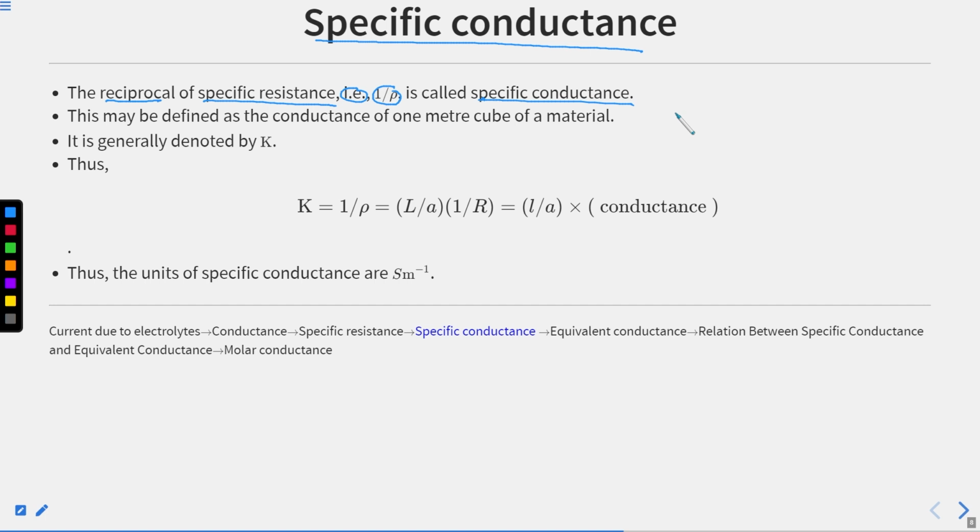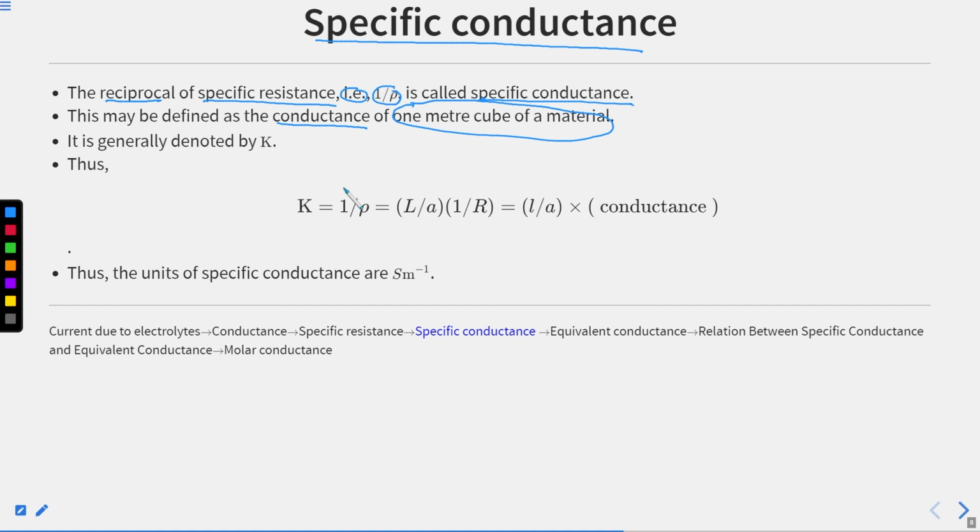Now, how may it be defined? It may be defined as the conductance of 1 meter cube of material. So the same definition we are applying here. The only thing we are changing is that we are using the word conductance instead of resistance. Initially it was the resistance offered by 1 meter cube of a material, but now it is the conductance offered by 1 meter cube of that material.